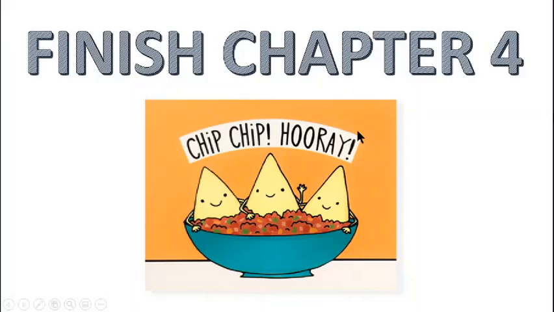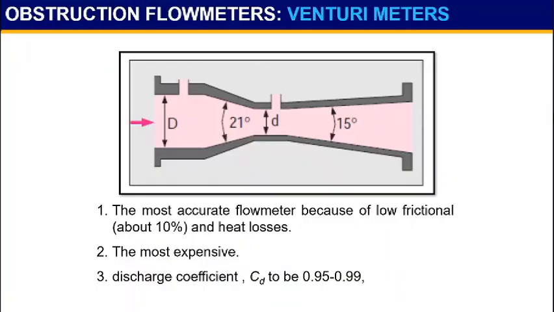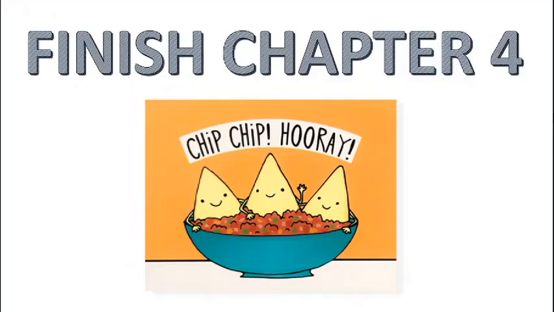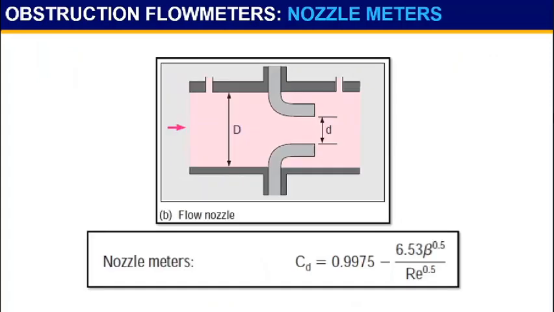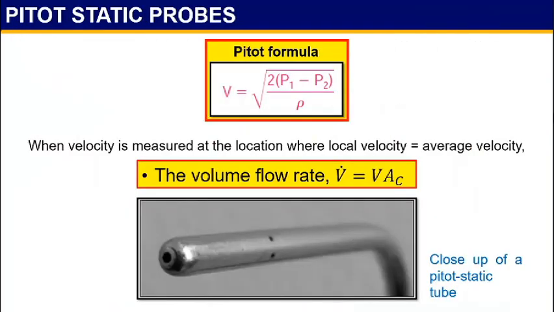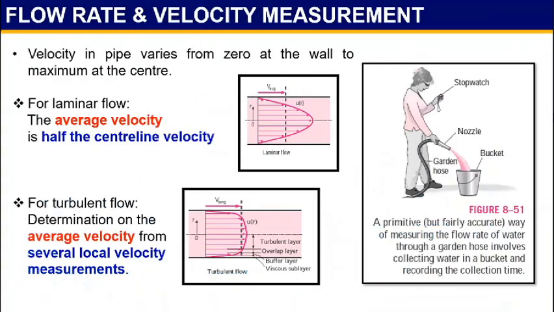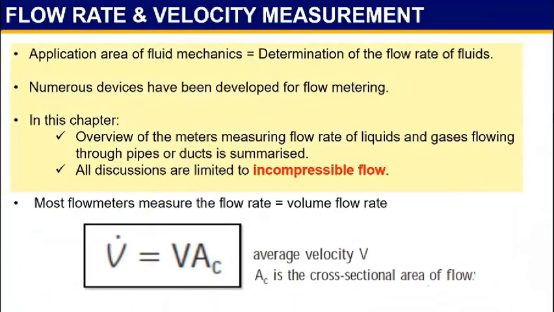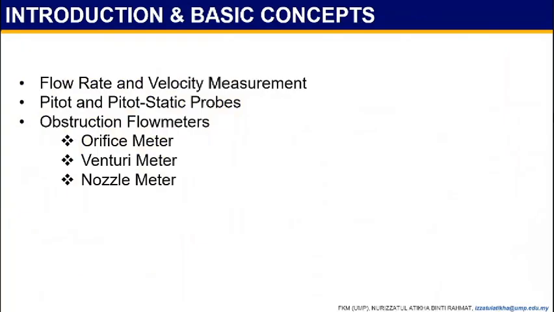Okay, so that's all for chapter 4. We already learned about the recap of steady incompressible flow, and we also learned about several devices to determine the volume flow rate.